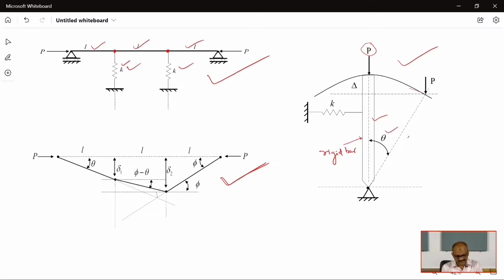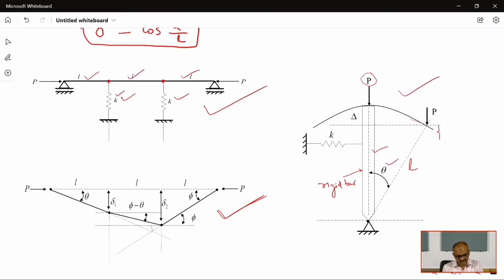Here this is L, and this distance will be L cos theta. This distance will be L minus L cos theta.